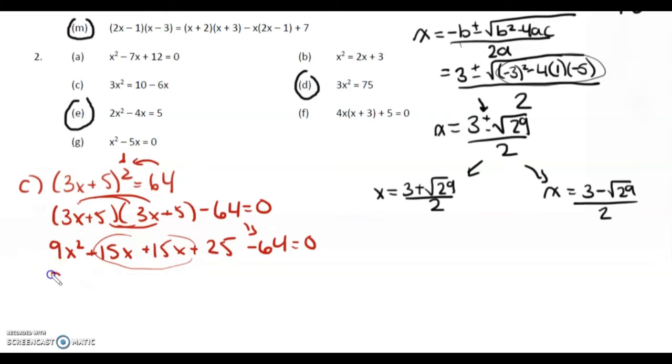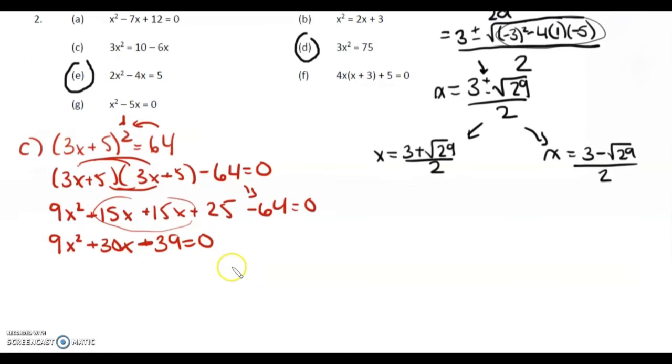So let's collect like terms. 9x squared plus 30x, and then we have 25 minus 64, which is -39, equals 0. These numbers are not very pretty. I'm just going to double check if this one factors nicely.